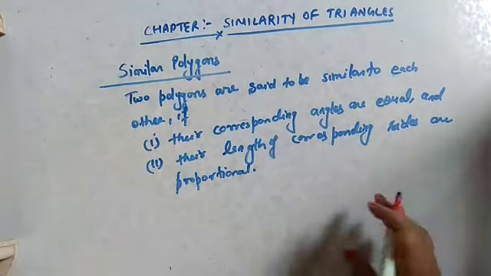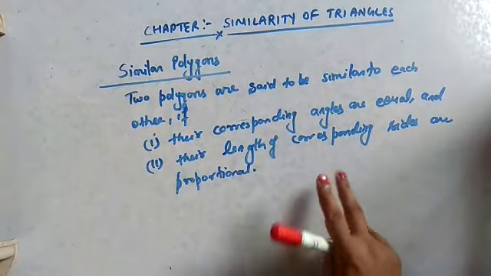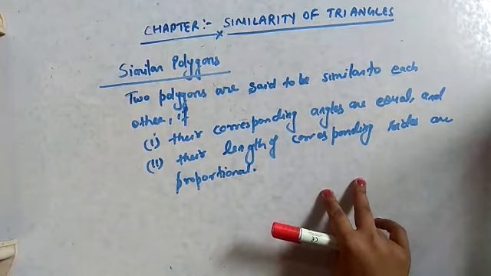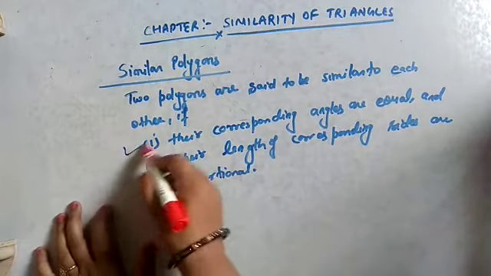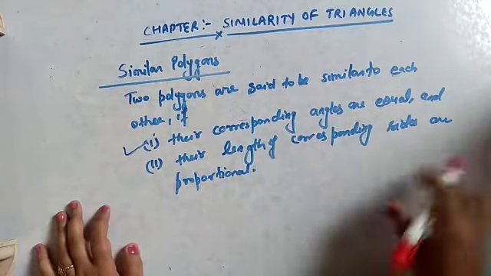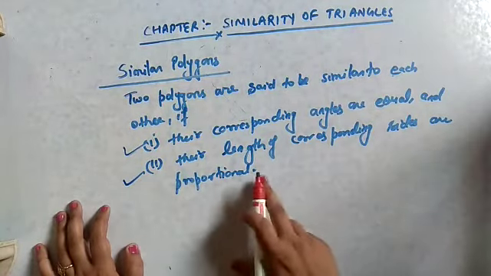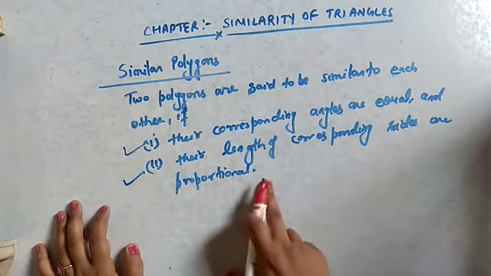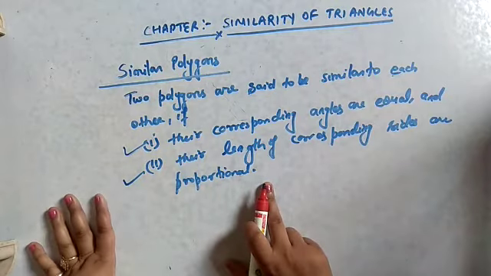Okay, so if we have to prove whether two given polygons are similar or not, we have to check whether their corresponding angles are equal or not, and then we have to check whether the lengths of the corresponding sides are proportional or not.